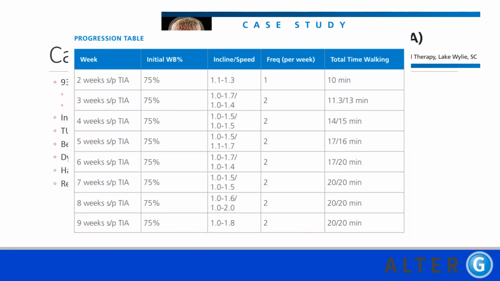And he's someone that you would be very nervous to work with, just because you immediately think fall risk. You immediately think, how do I get them in the AlterG and out of the AlterG? And why I'm so confident in the AlterG is that I was able to get someone like him in and out, no problem, and progress his exercise.